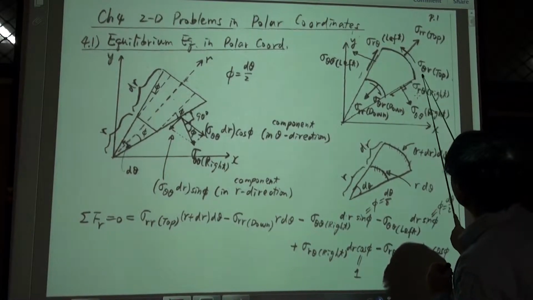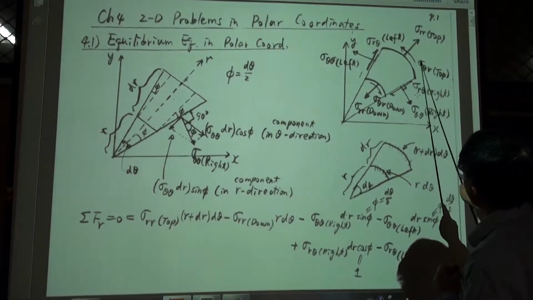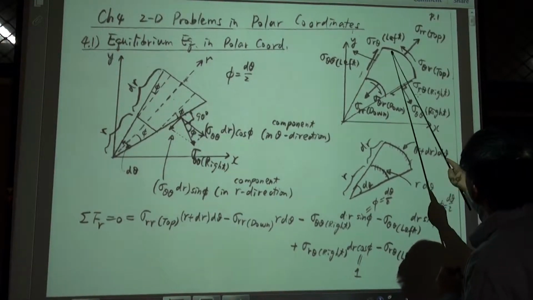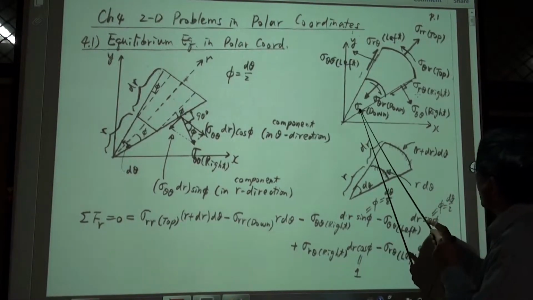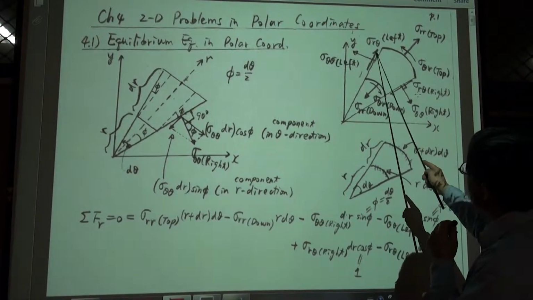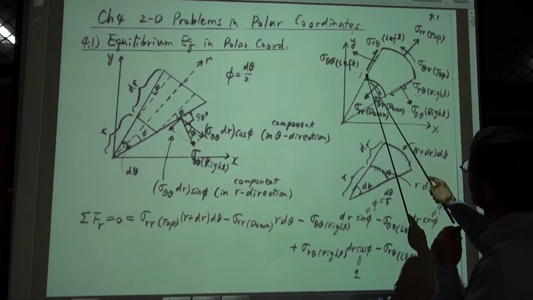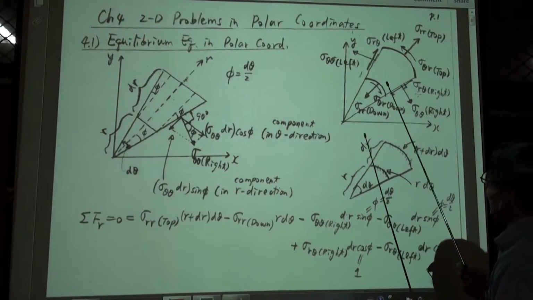This is the shear stress component in the theta direction. This is on the top. And here, this is the normal and shear stress on the downside. Okay, and in the same way, we have the normal stress and shear stress on the left side and right side.